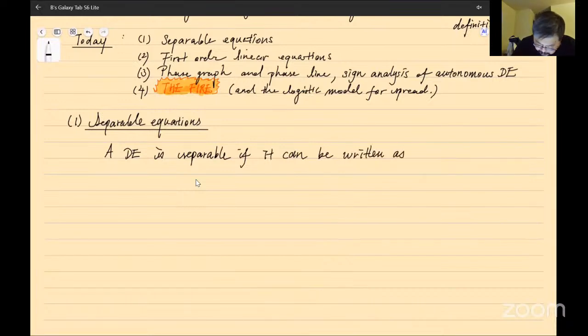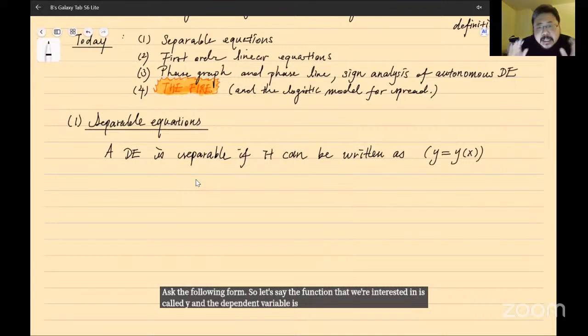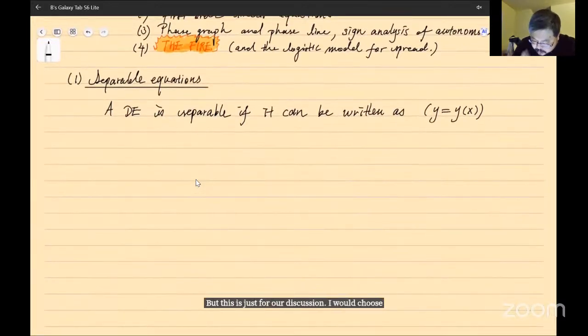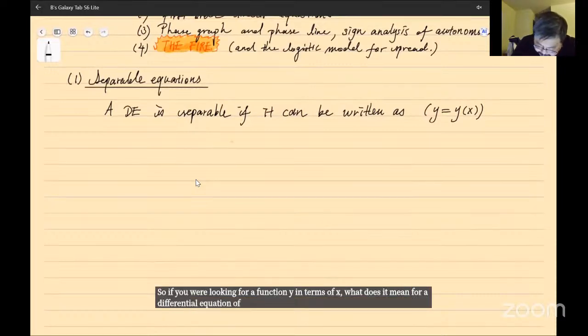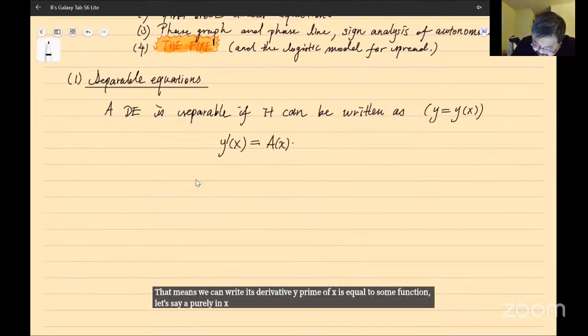as the following form. Let's say the function that we're interested in is called y, and the independent variable is x. Of course, it's not always y in terms of x, but this is just for our discussion. So if you were looking for a function y in terms of x, what does it mean for a differential equation of y to be separable? That means we can write its derivative, y prime of x, as some function, let's say a, purely in x, times another function, b, purely in y.